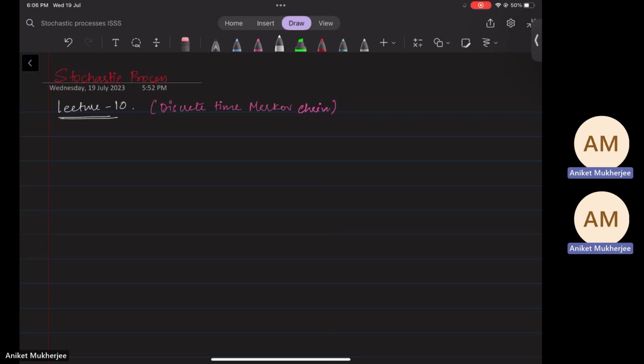Okay. So today we'll be starting off with some examples of Markov chains. So the first example is a Bernoulli process.